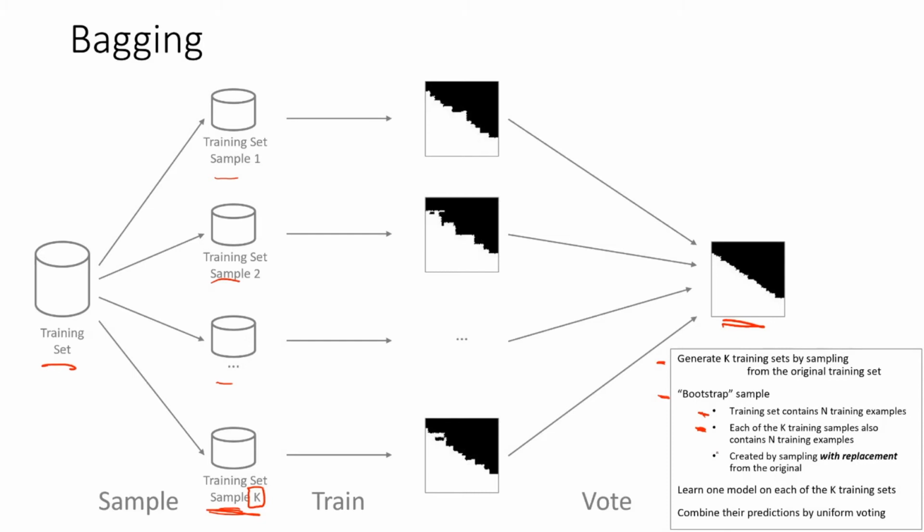So each of these is the same size as this. And you'd be like, what? How can that be? You're taking a sample and it's the same size? Yes, well, you take a sample with replacement. And that means that the same training sample from the original training set can be in one of these samples multiple times.